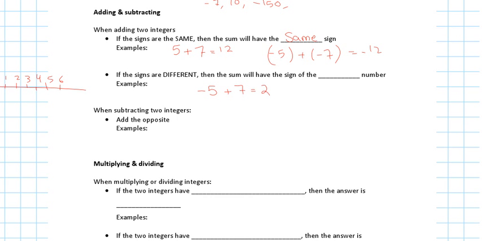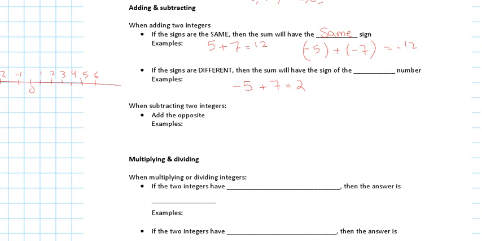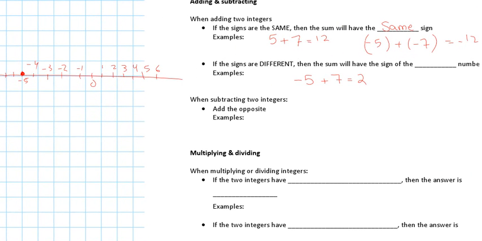You're 5 below the ground, you went up 7, now you're above ground. On my number line, I'm at negative 5 and adding 7, so I'm moving to the right 7 points: 1, 2, 3, 4, 5, 6, 7.